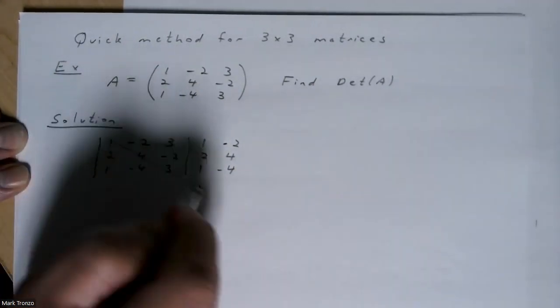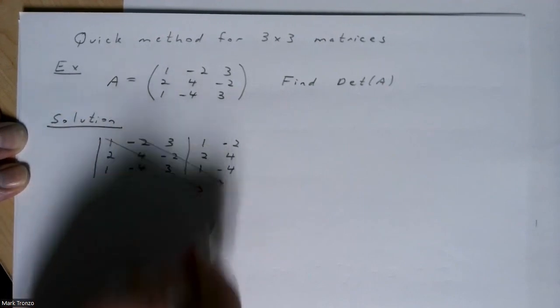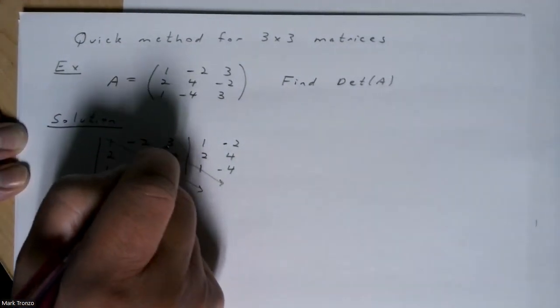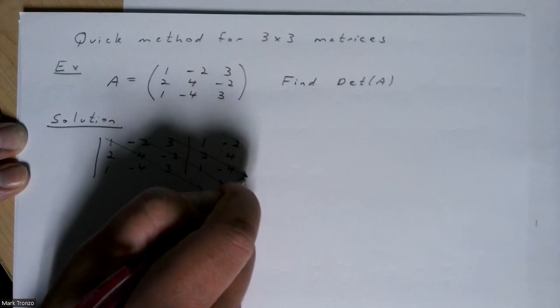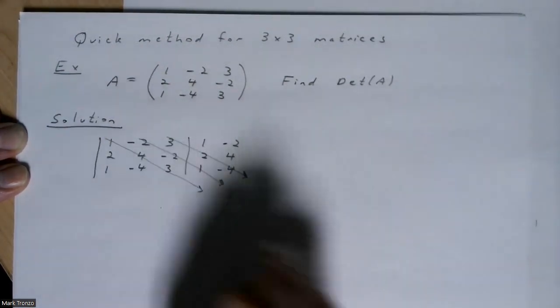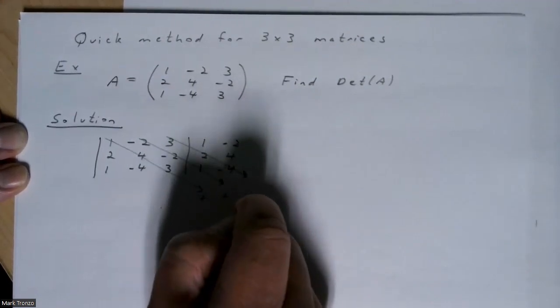First row, second entry, make a diagonal arrow. And then third entry in the first row, diagonal arrow this way. And now these are all going to be positive.